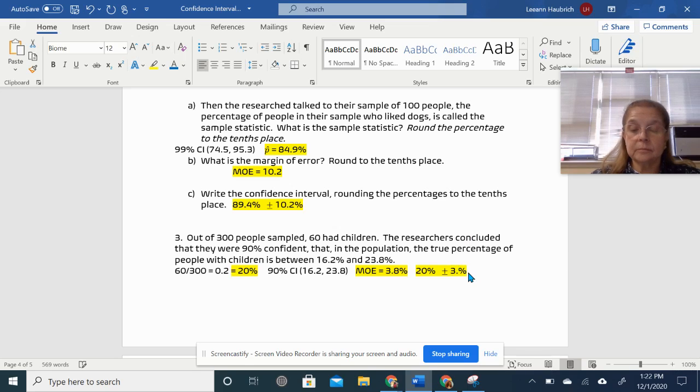Now, this is not the only way I could have done this in this case. Because I knew that this was 20%, I could have figured this out this way. I could have just added these two and divided by 2 and see if I still get 0.2. You have different options as long as you understand what the concept is saying to you. I just want to prove that to you.